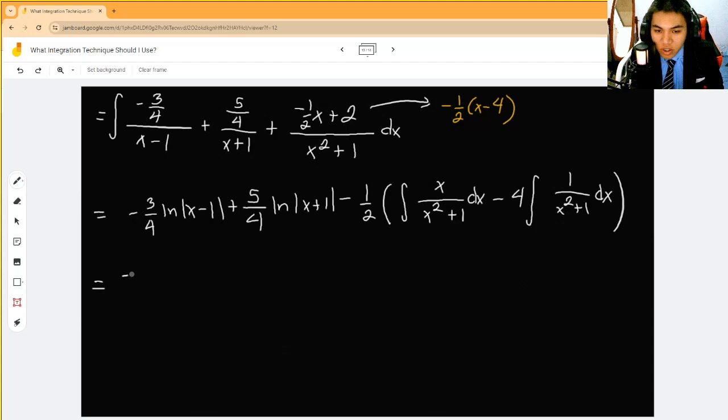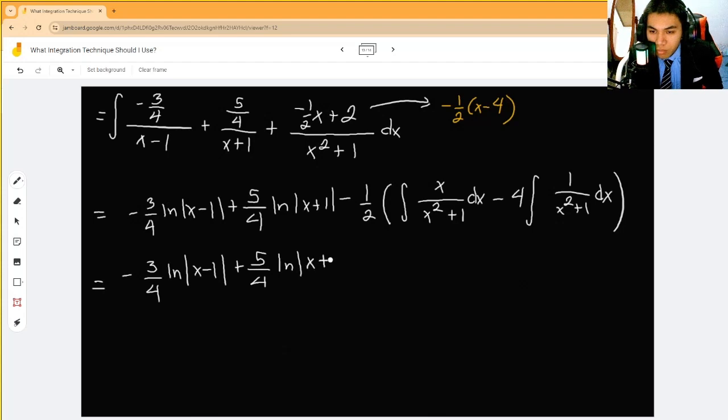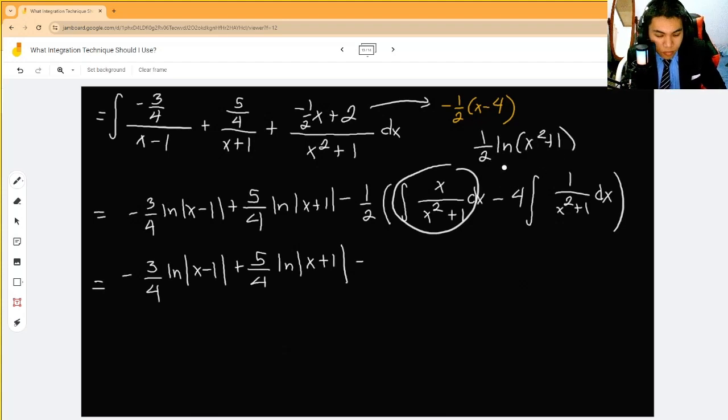Okay, so we have negative 3 over 4 ln absolute value x minus 1 plus 5 over 4 ln of absolute value x plus 1. Now this right here would be 1/2 ln of x squared plus 1. Am I right? Yeah. And then we can just distribute the 1/2. It will be 1 over 4 ln of x squared plus 1.